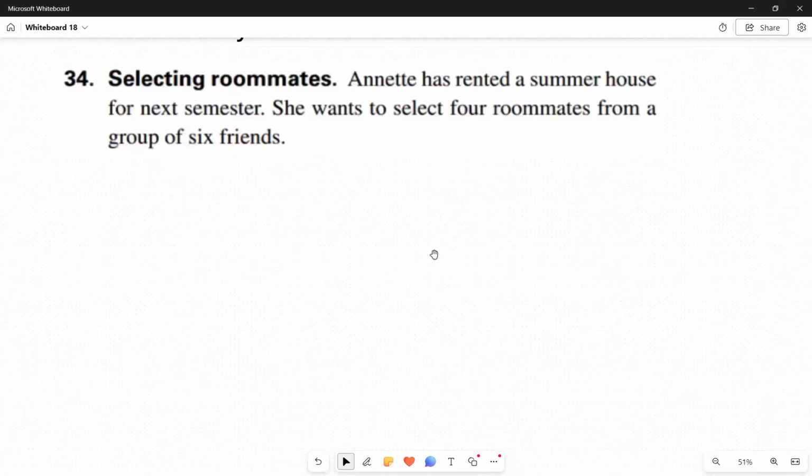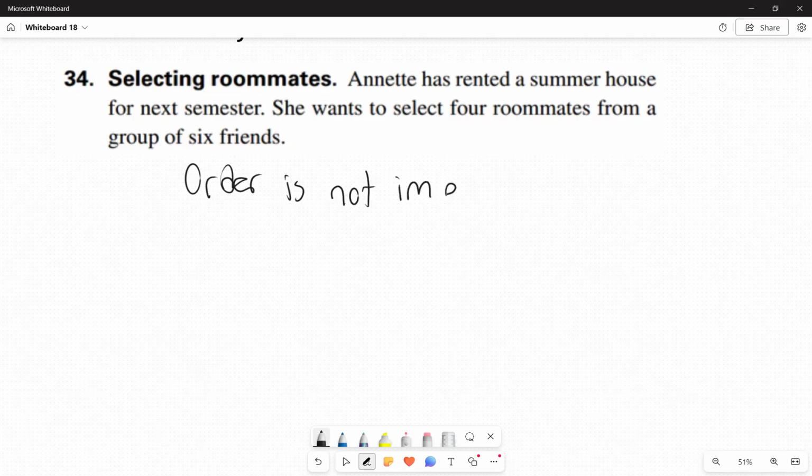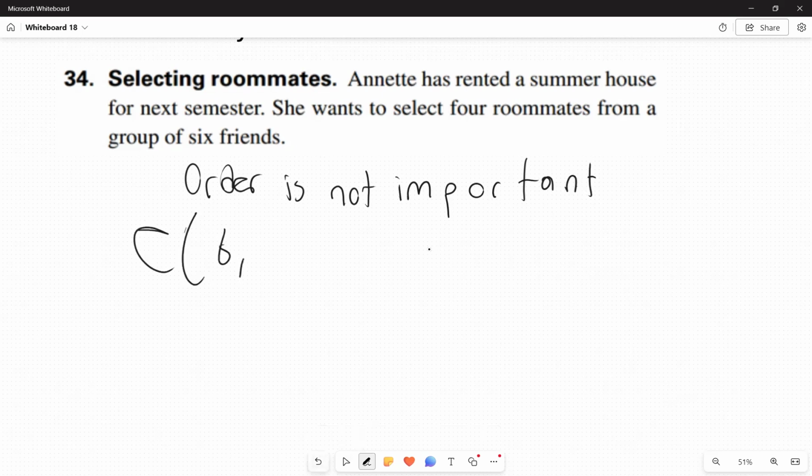Doesn't matter which she selected first or which she selected next. So this is going to involve combinations. Order is not important. She just wants to select 4 different friends from a set of 6, so that's going to be combinations of 6 people taken 4 at a time.